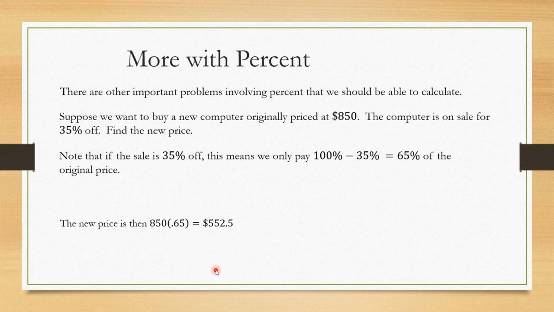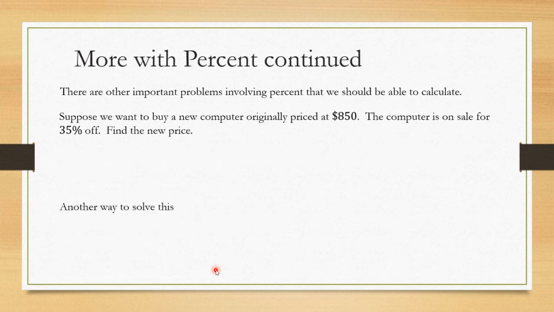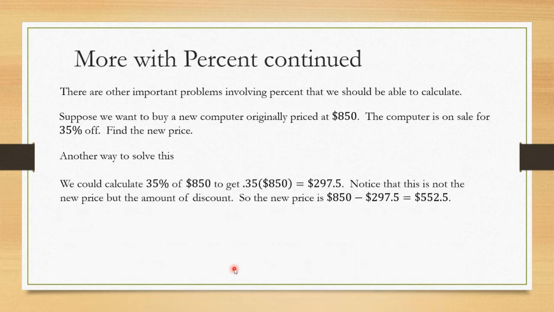The other way to figure this out is probably what you would expect, maybe a little more intuitive. You calculate 35% of 850 and subtract that off. What is 35% of 850? That's what this is. It's just like the examples we did earlier. I did skip the is over of stuff, but really it's the same idea.